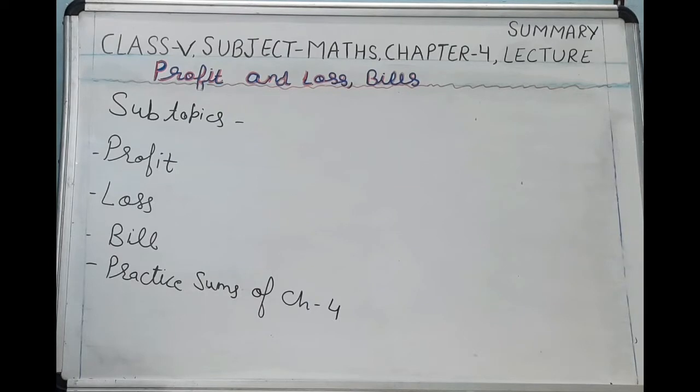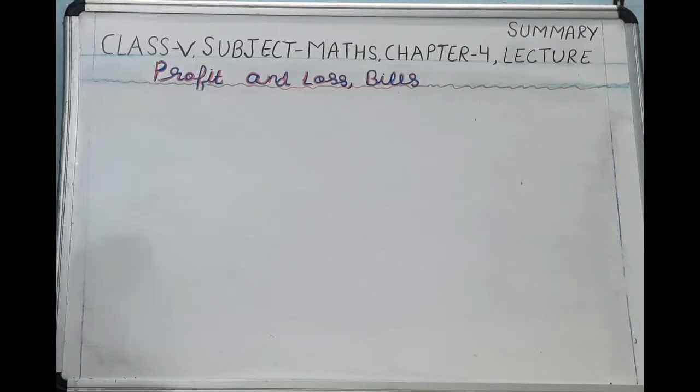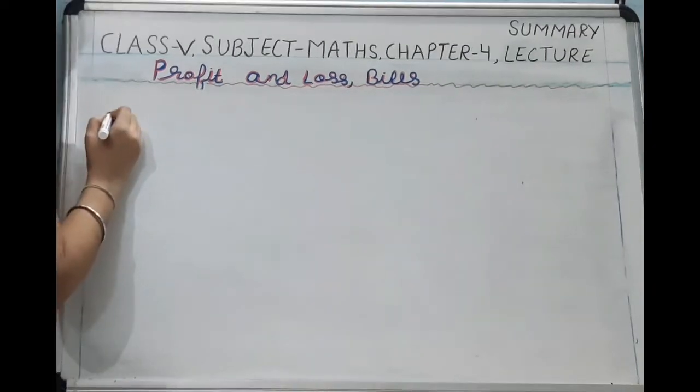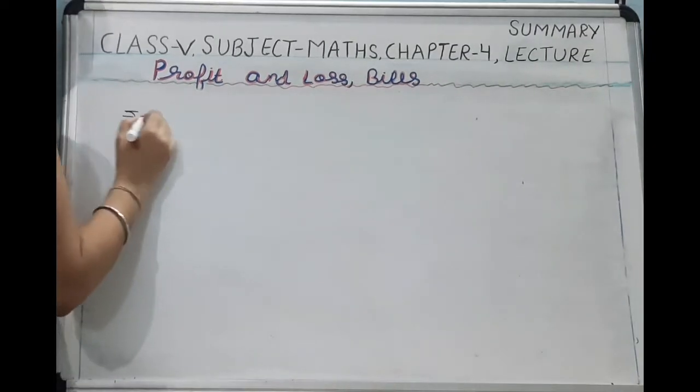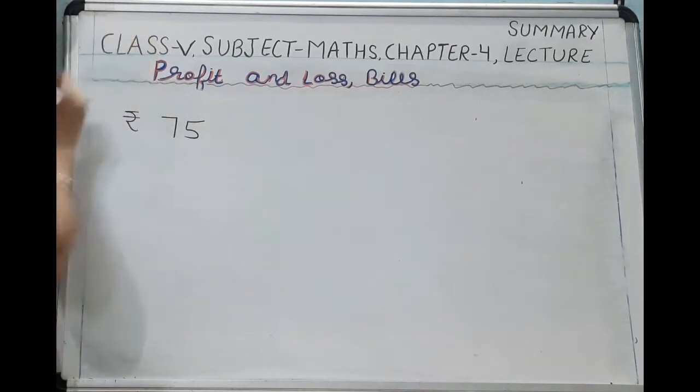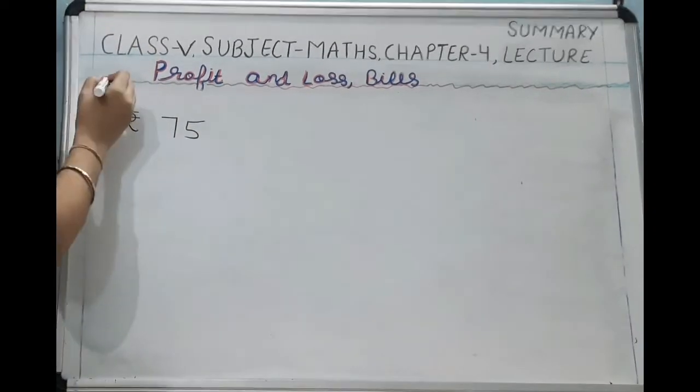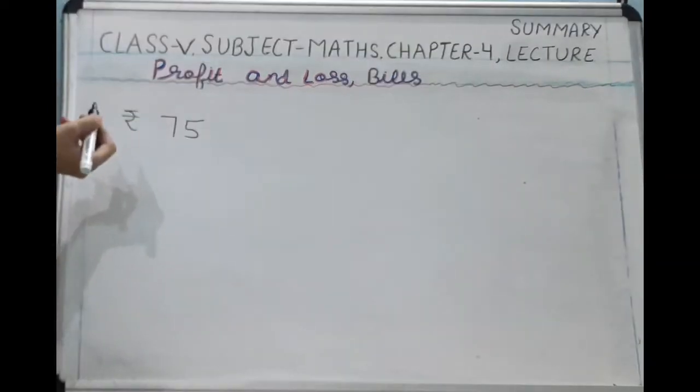I will explain you with the help of an example as I explained you previously also. Suppose I purchased a toy of rupees 75. This is the money which I have given to the shopkeeper.